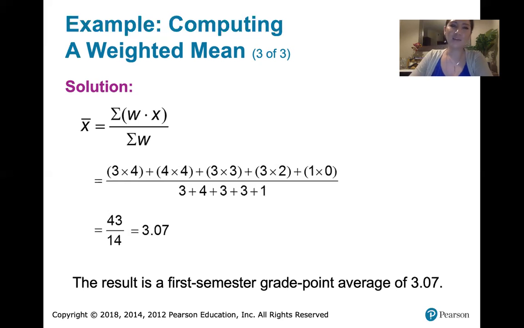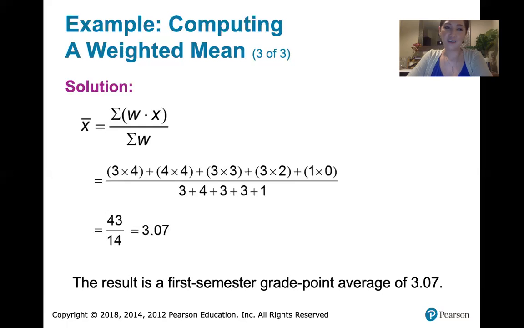So you've calculated weighted means before. Every time you calculate a GPA, you're doing so. In that case, the X's, those are the data values. Those are those numbers 0, 1, 2, 3, 4 that stand for an F, a D, a C, a B, and an A. But the weights themselves, that is the number of credit hours associated with that course.